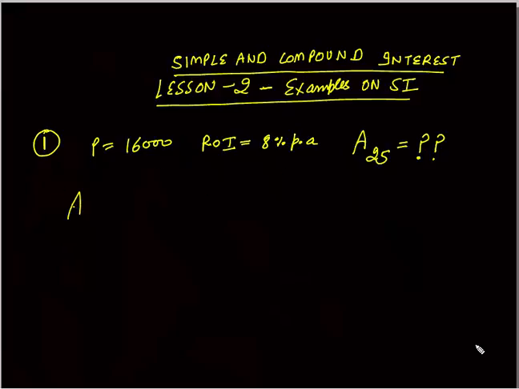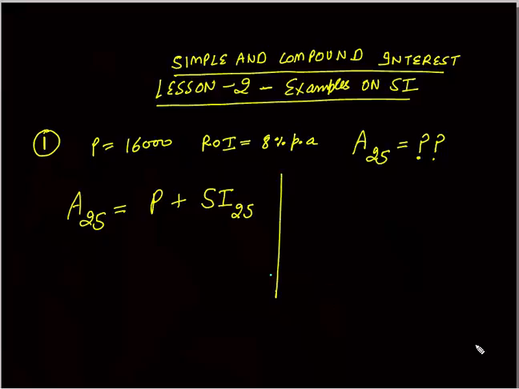Now we know that the amount after 25 years would be principal plus simple interest of 25 years, as we need to calculate the simple interest of 25 years.